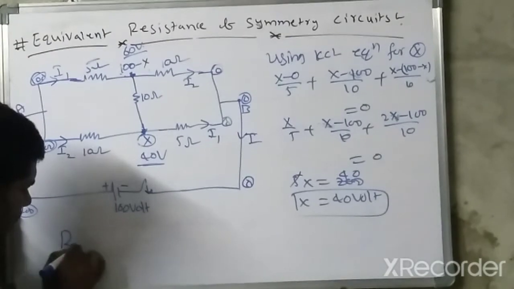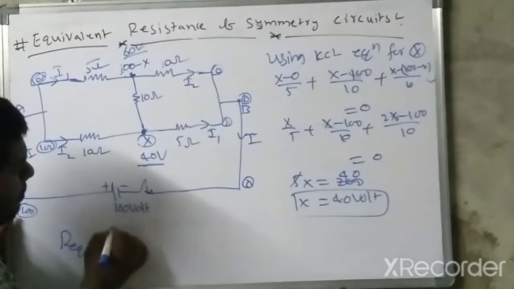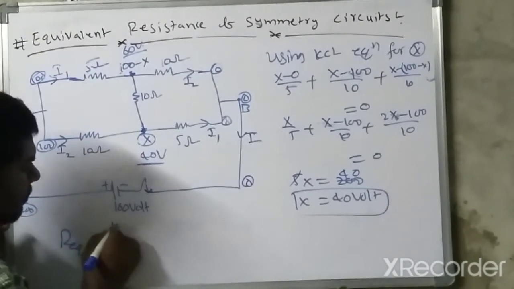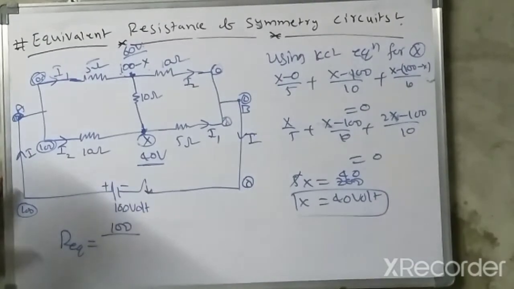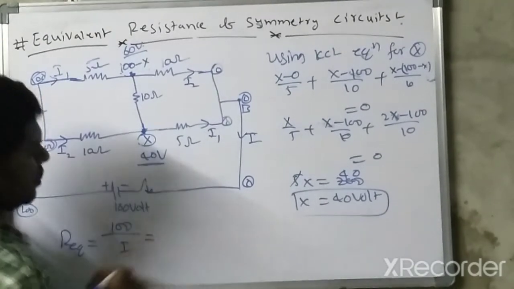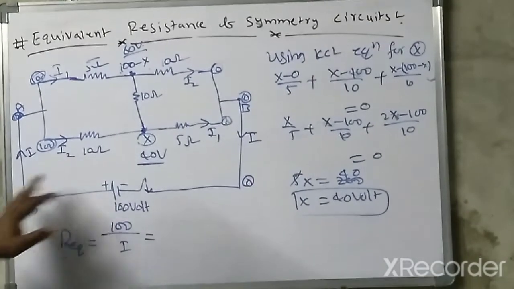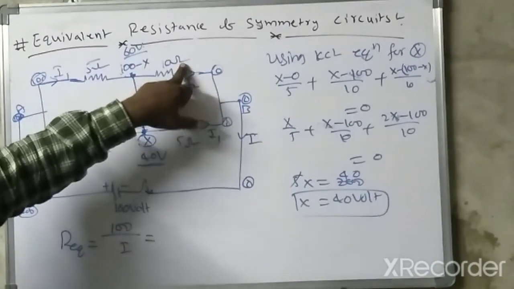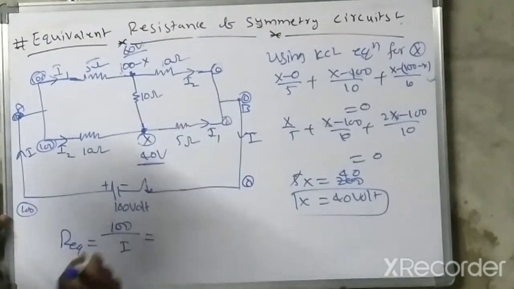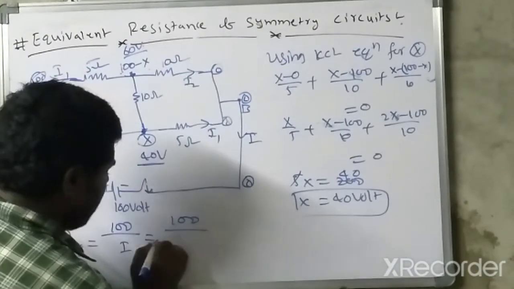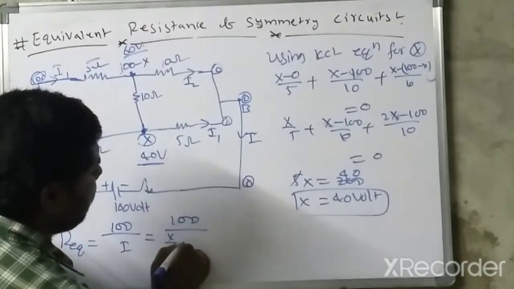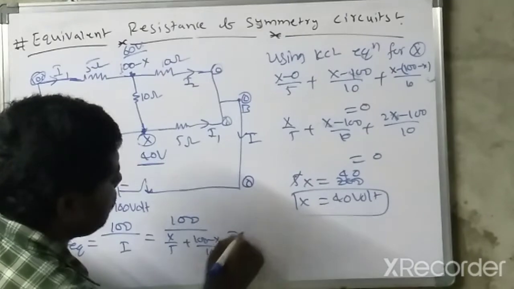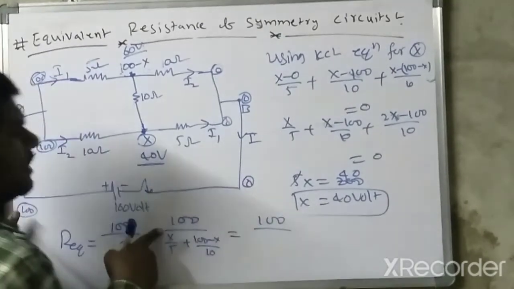R equivalent is the potential difference across this circuit, 100 volt, divided by the total current I. Total current I is x divided by 5 plus 100 minus x divided by 10.